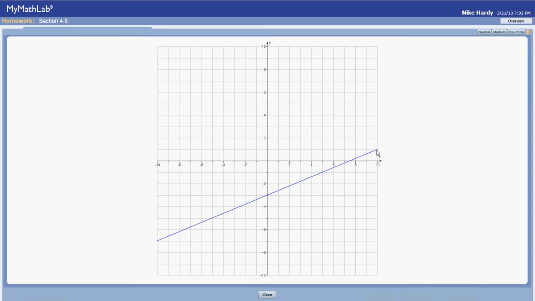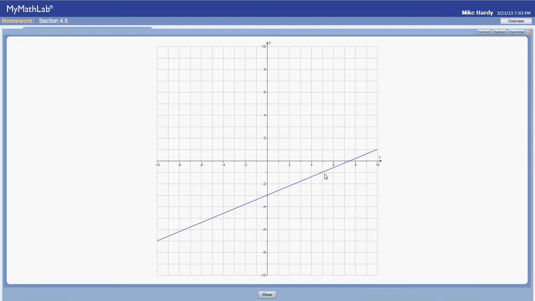Let's see if that works out. Is there anything that's more spot on? I don't think there's anything much more spot on than the point (10, 1). So we'll try it. We may get problems from the program if we haven't picked an absolutely perfect point.